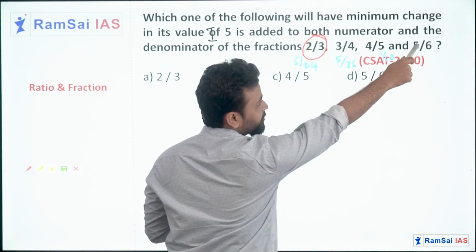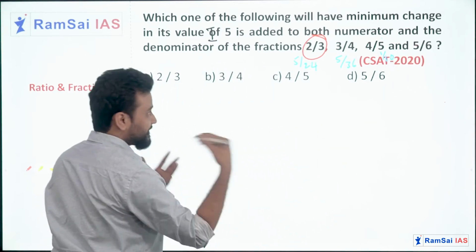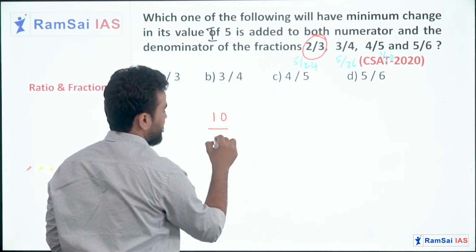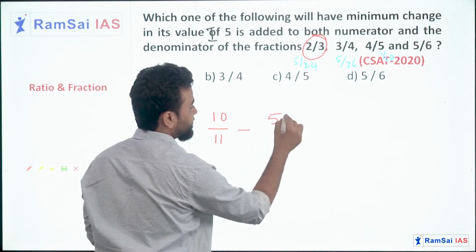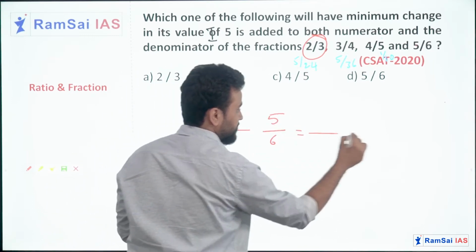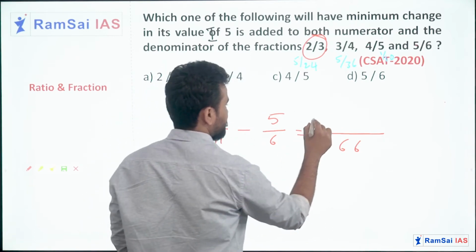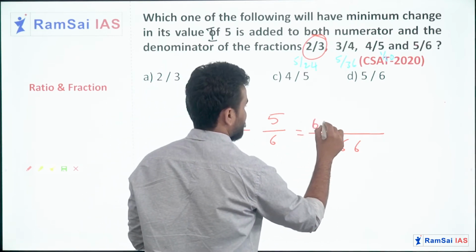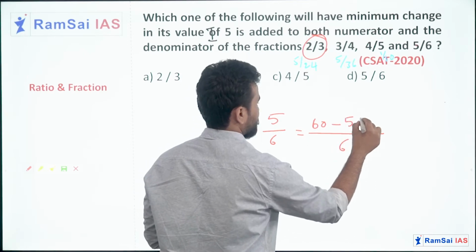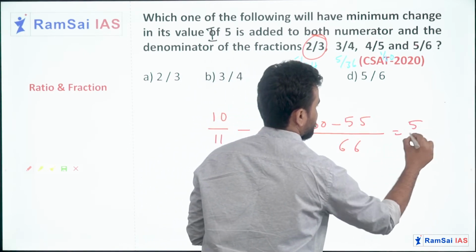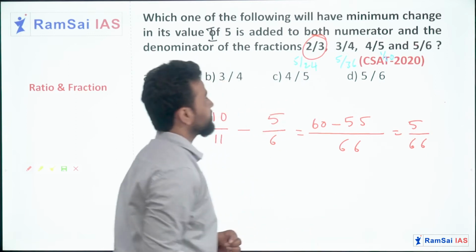If I add 5 to numerator and denominator of 5 by 6, the resultant will be 10 by 11. The change in the fraction will be 10 by 11 minus 5 by 6. The LCM of the denominators will be 66. 5 by 66.